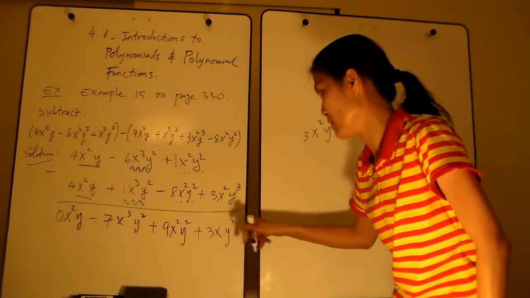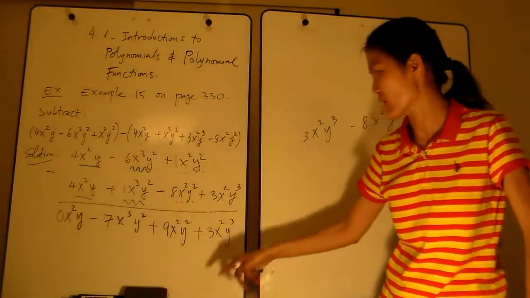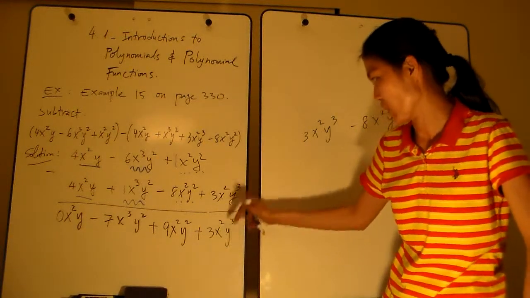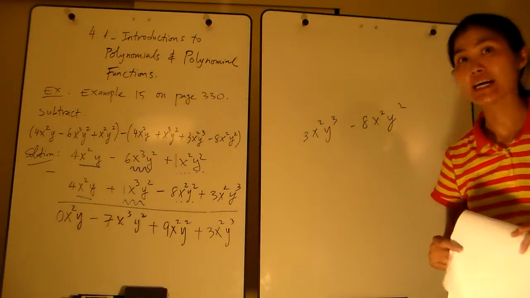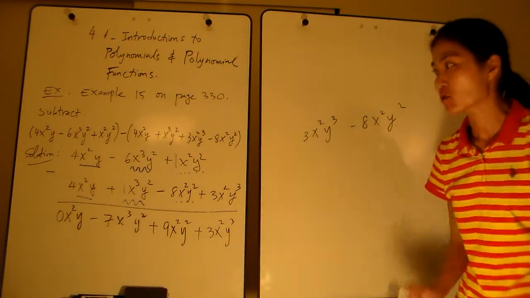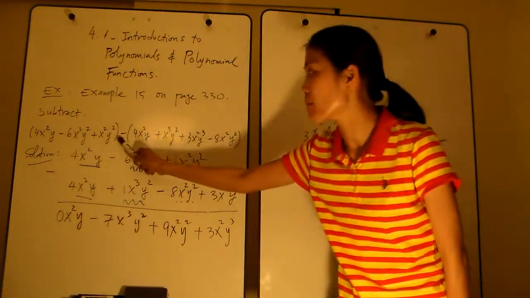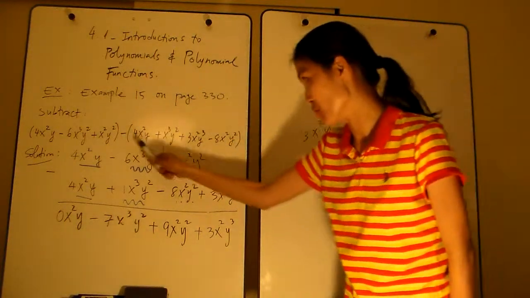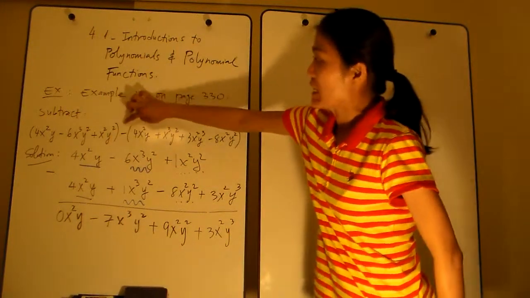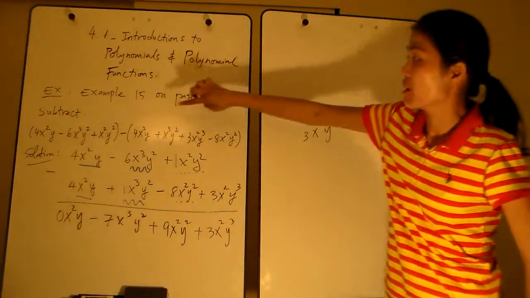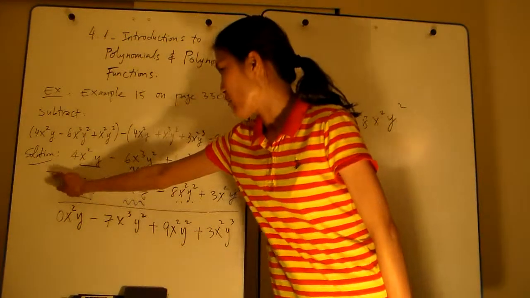So usually you just copy the last term. That's a tendency. But if this happened on the quiz or the test, this is wrong. Don't forget this is subtract. There's a negative sign in front of the second polynomial, meaning this negative sign applies to each term of the second polynomial. So don't forget to subtract here.